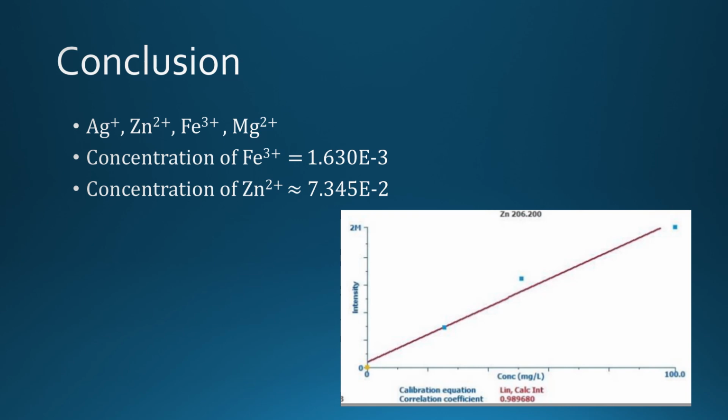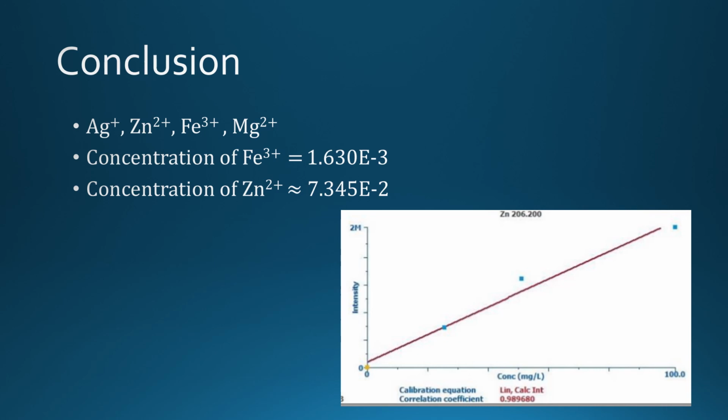Yeah, so I think that pretty much wraps it up for the analysis of this unknown solution A. We found that it contains silver ions, zinc, iron, and magnesium. We calculated the concentration of iron in this solution to be 1.63 times 10 to the minus 3 molar, and due to how it was calibrated and this being our only source of data for the concentration of zinc, we're saying it's roughly 7.345 times 10 to the minus 2 molar.